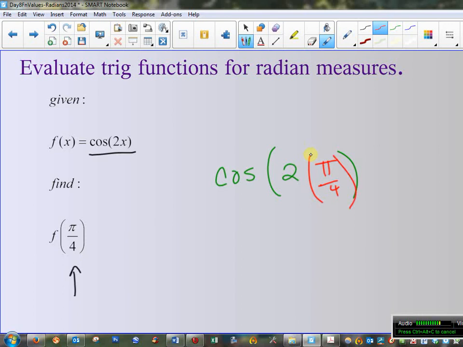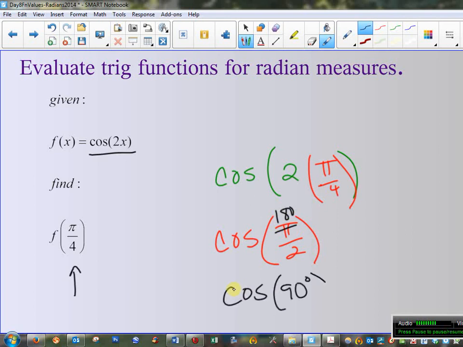And now my job is to simplify what I see. So I'll say it's equal to the cosine of 2 pi over 4, but that's the same as pi over 2. Now, cosine of pi over 2, let's change this to degrees. I'll put a 180 in place of pi. That means I really want to know what the cosine of 90 degrees is.